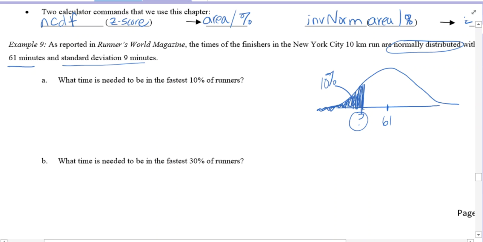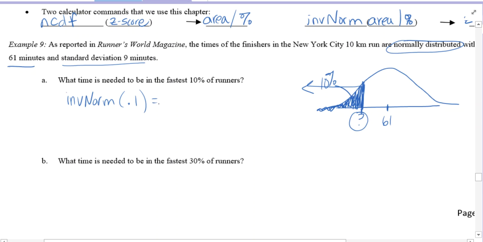Notice we know the percent, and we want to go backwards and find the value in terms of the problem. This is how we're going to use inverse norm. Inverse norm always does the percent to the left, from this cutoff down to the left, so it works perfectly in this problem. We're going to do inverse norm of 0.1, for 10%.